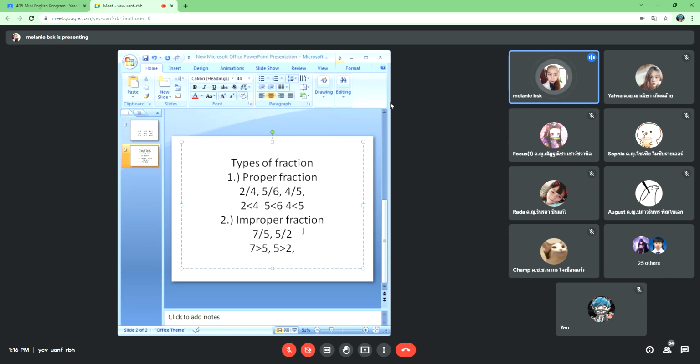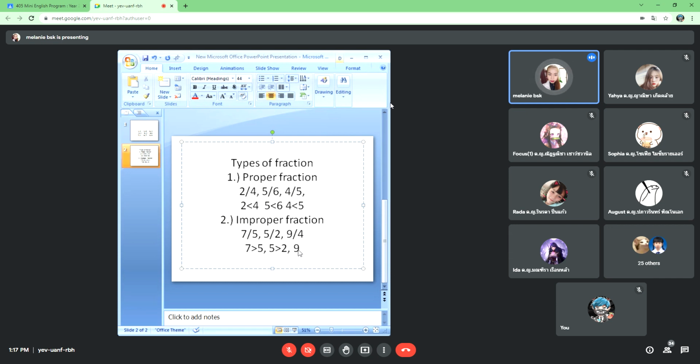Next we have here, how about 9 over 4? Is this an improper fraction? Yes or no? Improper fraction, 9 over 4? Yes. Why did you say no?